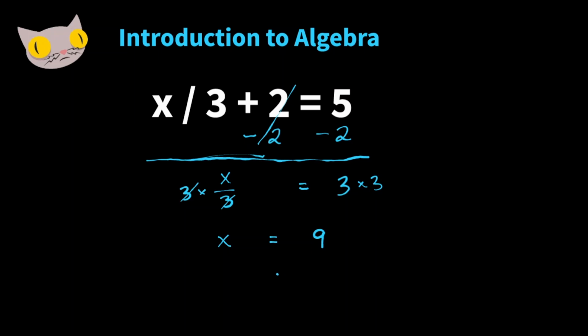And again, we can check that quickly by replacing the x in the original problem with 9. 9 over 3 plus 2. 9 divided by 3 is 3 plus 2. That's going to give us 5.